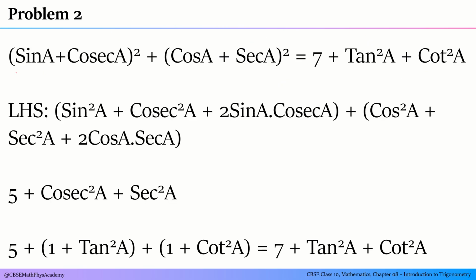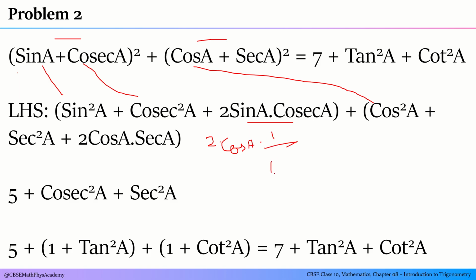I'm going to apply the (a plus b) whole square formula to both of these terms. This becomes sin square A plus cosec square A plus 2 into sin A into cosec A. Similarly, the other becomes cos square A plus secant square A plus 2 into cos A into secant A. Now cos A into secant A is nothing but cos A into 1 by cos A, where both get cancelled.